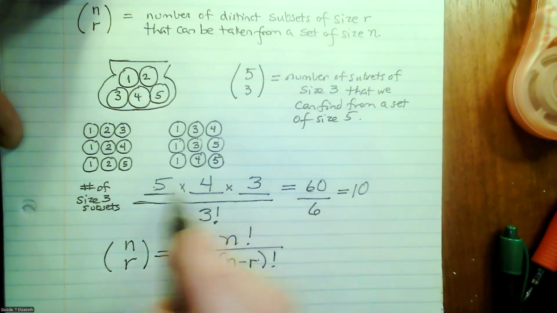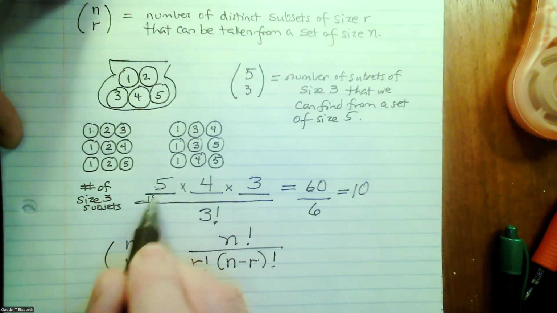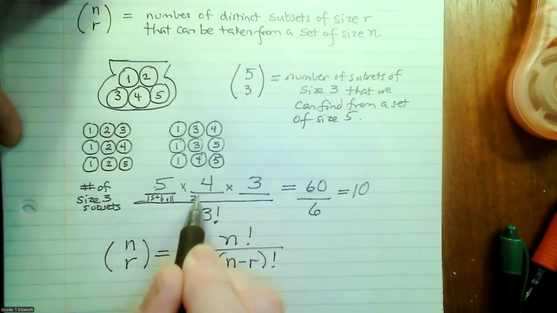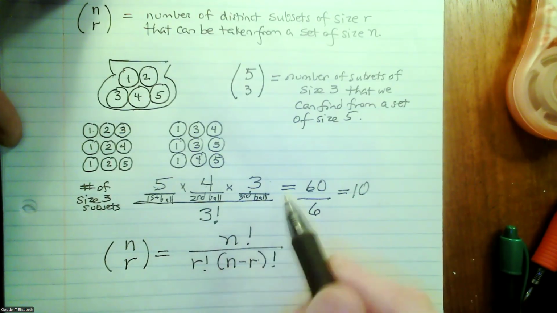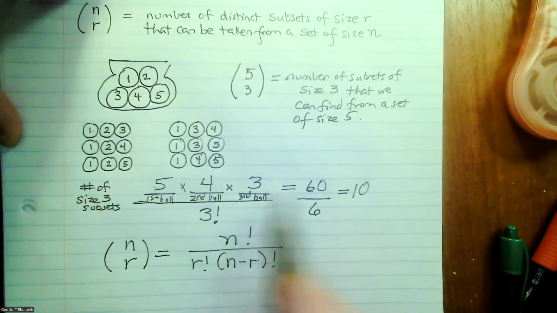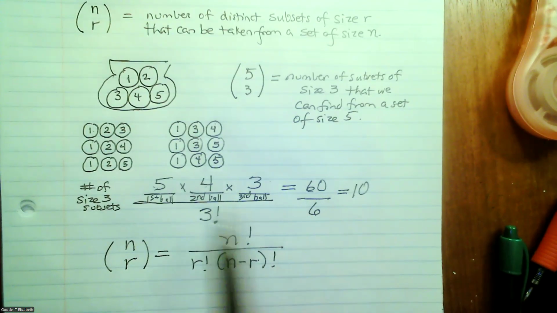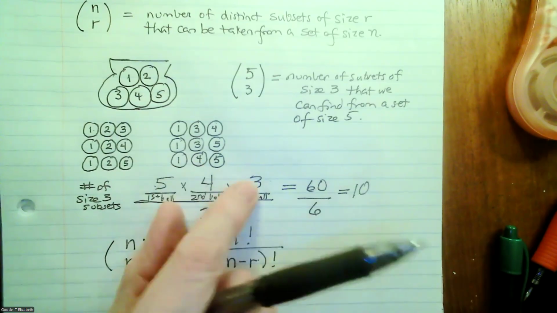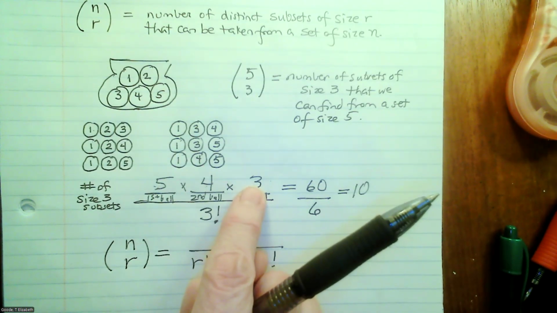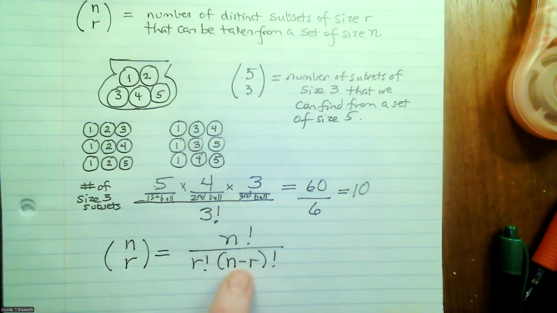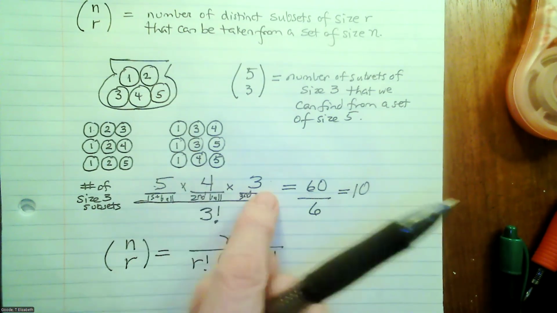I stopped because this is choices for the first ball times choices for the second ball times choices for the third ball. So I didn't go all the way down to choosing all 5 balls. That's why this doesn't look quite like this. You see the n factorial, but not quite, because we don't go all the way down to 1 factorial. So we've already gotten rid of the n minus r factorial by this process.